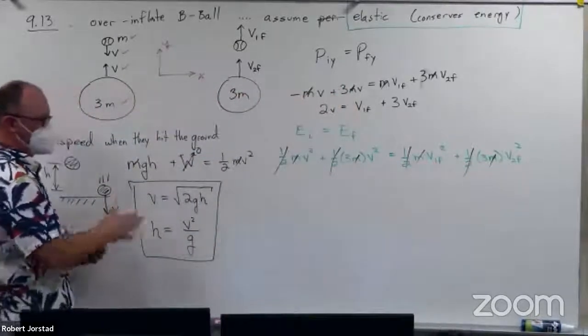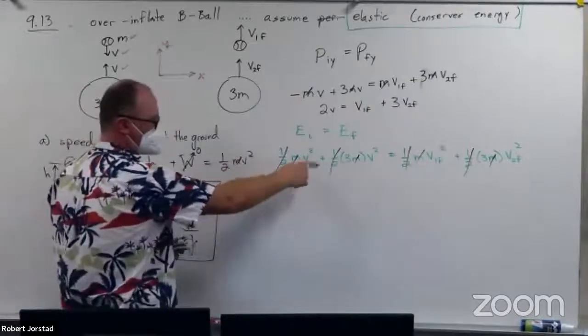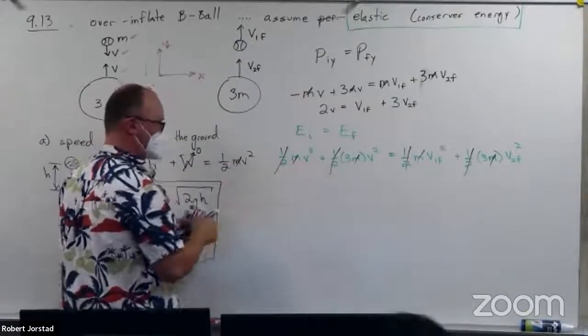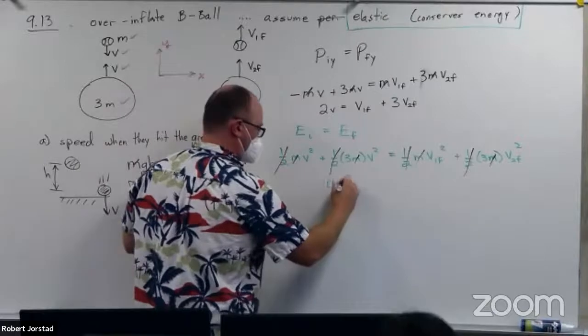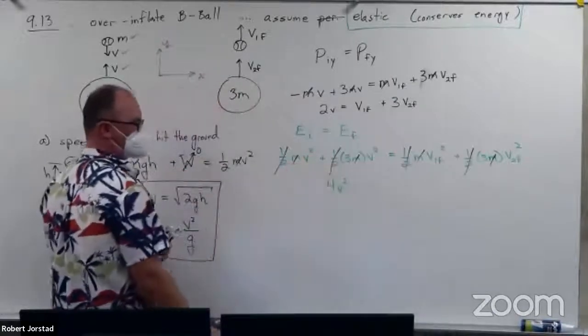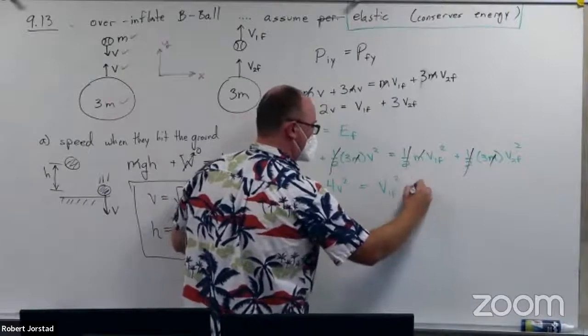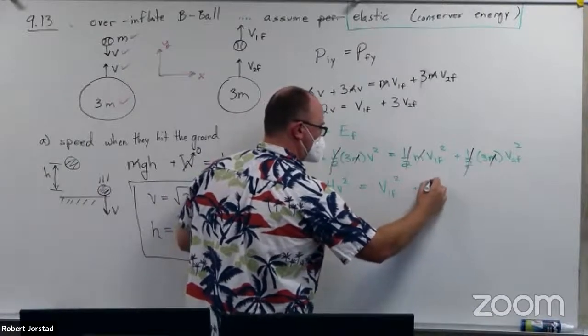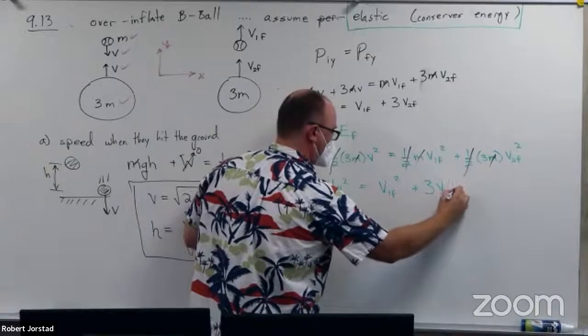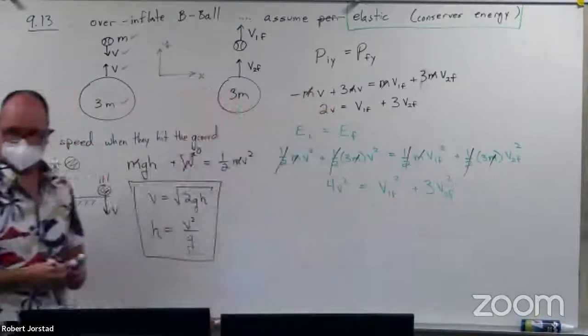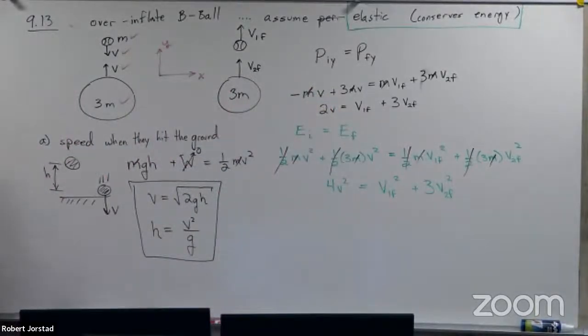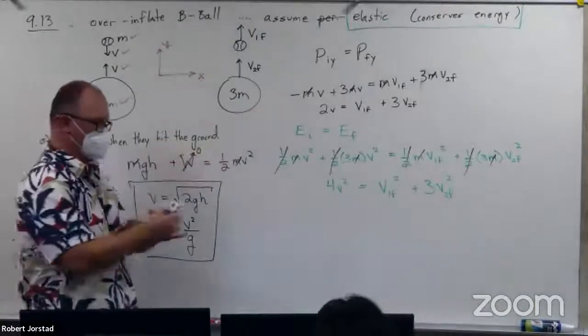Now, out of all this, what do I get on this side? 4v squared, if I'm not mistaken, right? Yep. Just keep an eye on it there. 3. I think that's what we get. Now, to be clear, we have two equations.